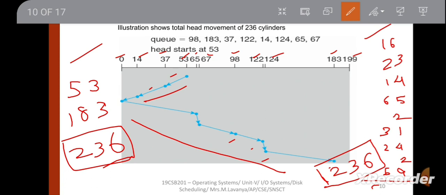In that way also you can solve this problem. But the core concept is, since SCAN is also known as the elevator algorithm, it serves in one direction, and after touching the end of the cylinders it will move to the other direction, and while returning it will serve the cylinder requests. This is the concept of the SCAN algorithm.